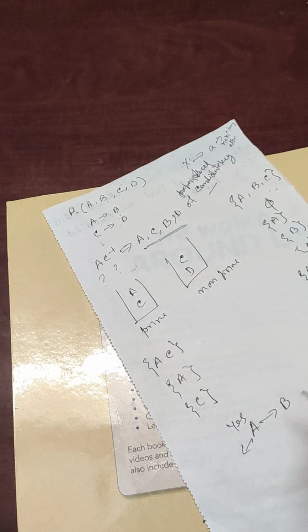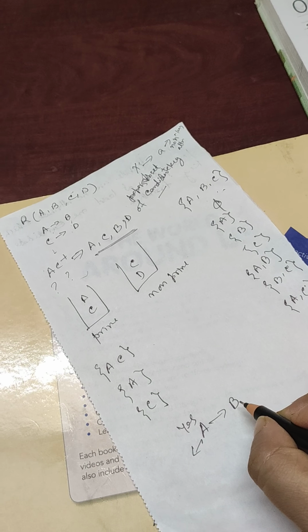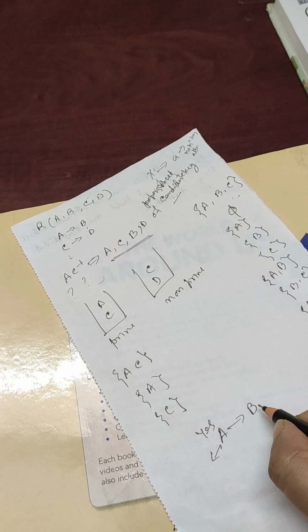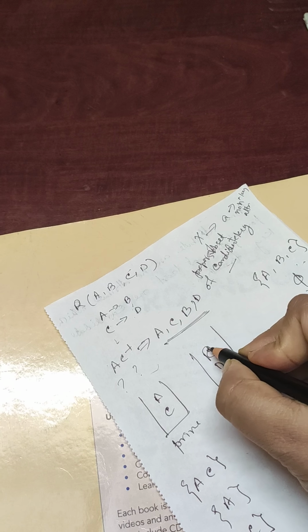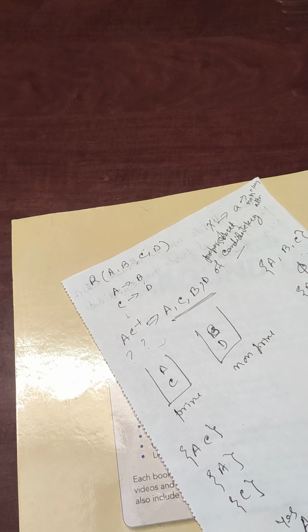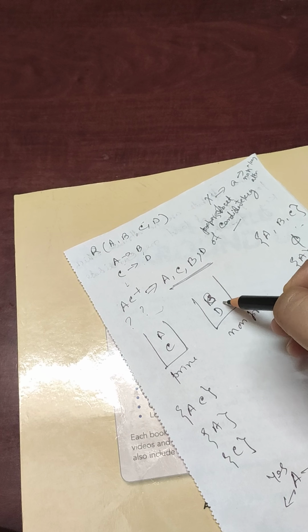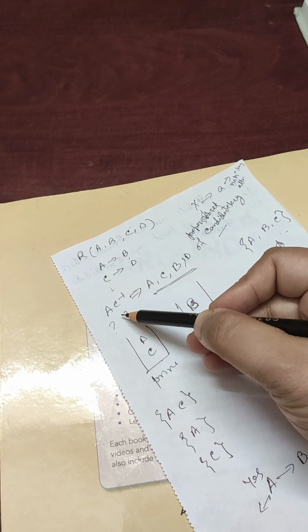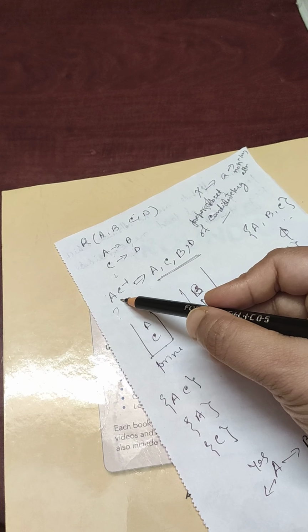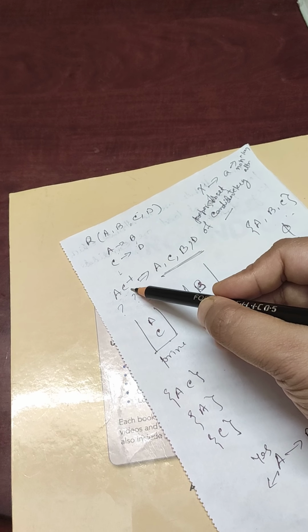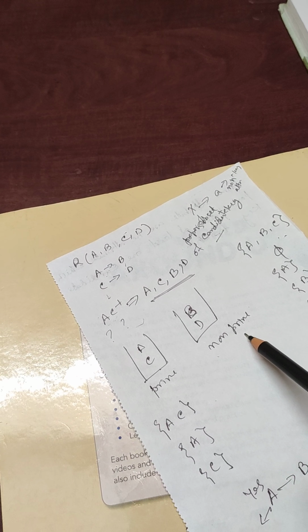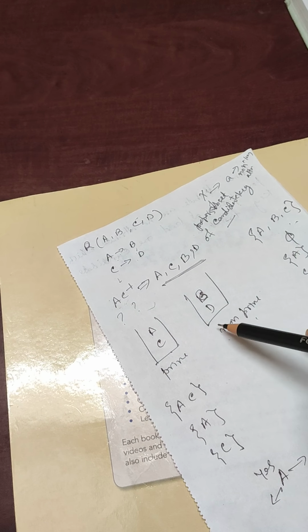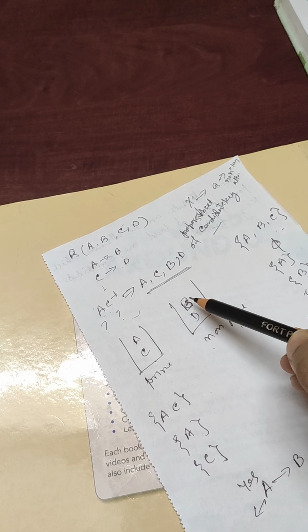Yes. And the right hand side is a non-prime attribute. Sorry, here it is B. B and D are non-prime attributes, and A and C are prime attributes. Prime attributes are the attributes that take part in the formation of the candidate key, and all attributes other than prime attributes are non-prime attributes. So the non-prime attributes are B and D.